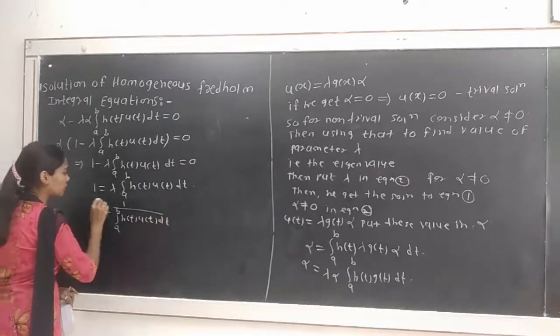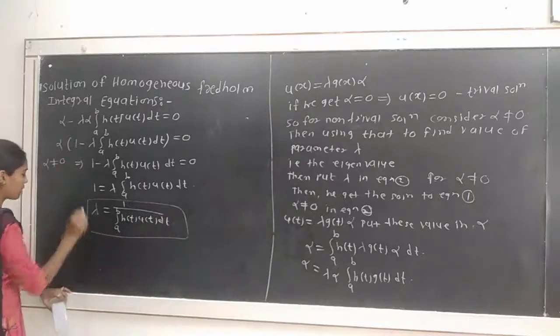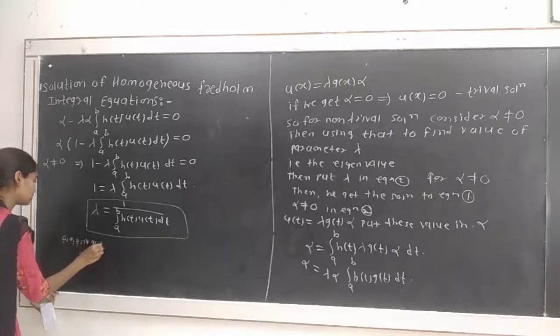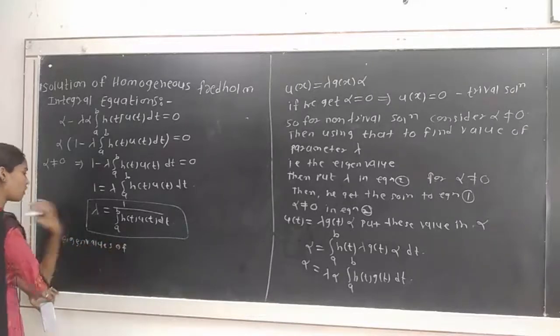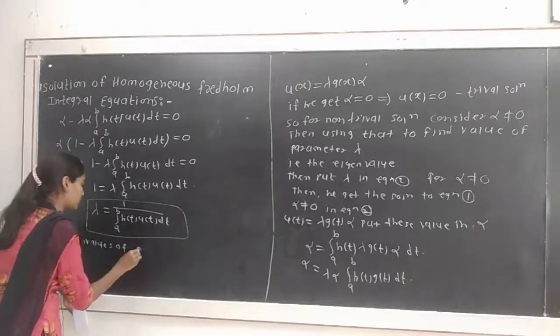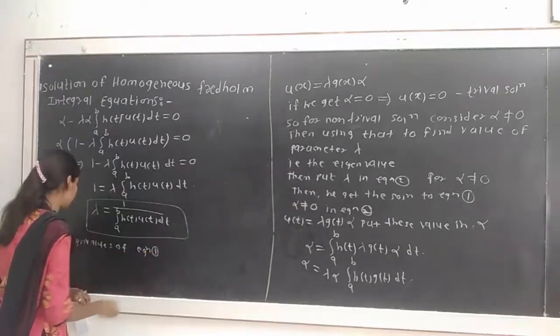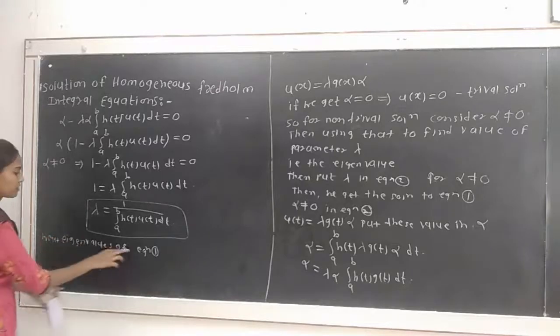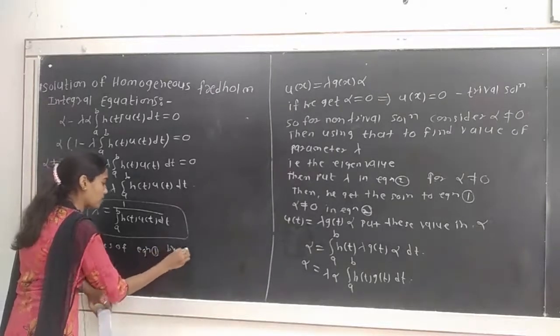In this way we get the value of lambda, which is called the eigenvalue of equation number 1.